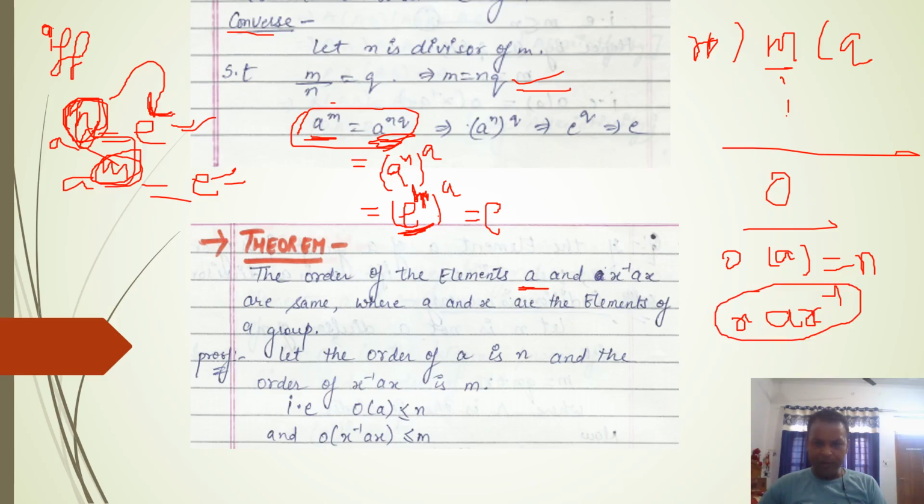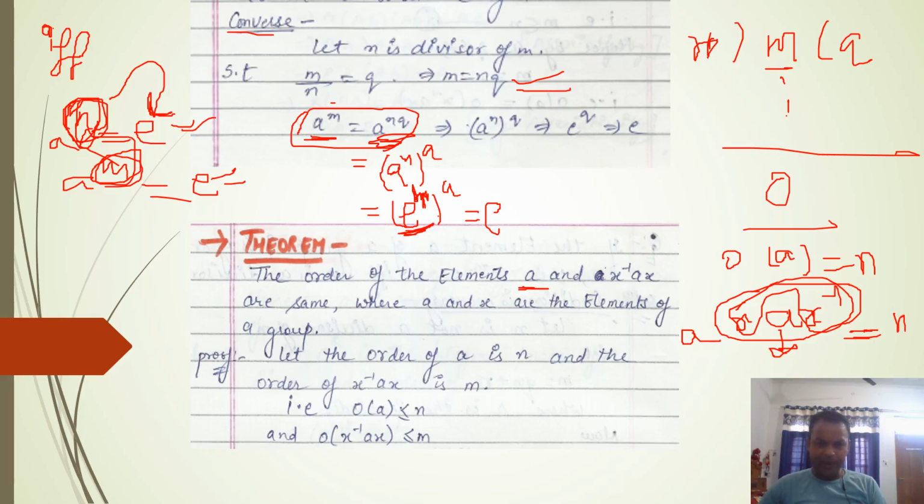Because here x into x inverse, if we eliminate this A, will be equal to identity. So these two components will not affect the order of the resultant. It means the order of this complete element, or this output, will be equal to n.